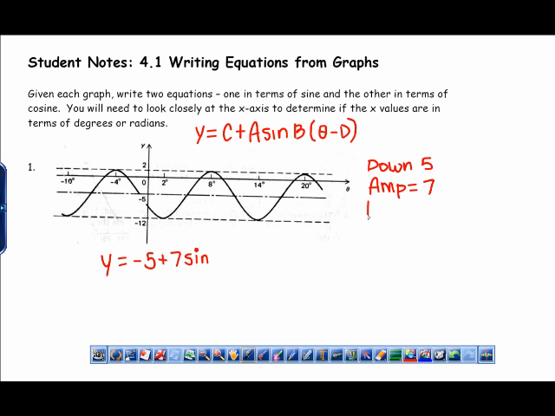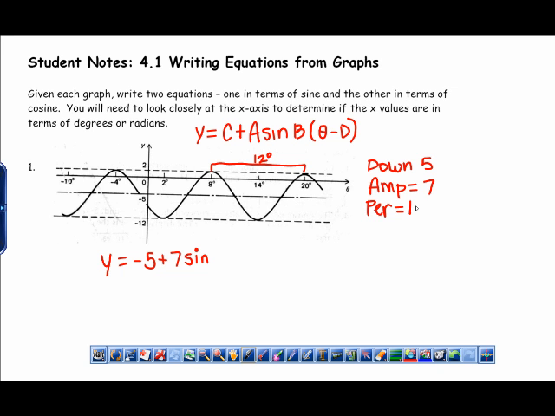Next we need to figure out what the period is, and this is what catches most students. Probably the easiest way to do period would be to go from any peak to another peak or low point to another low point. It doesn't matter, but you want to make sure you have a complete cycle. So from 8 to 20, that is a distance of 12 degrees.